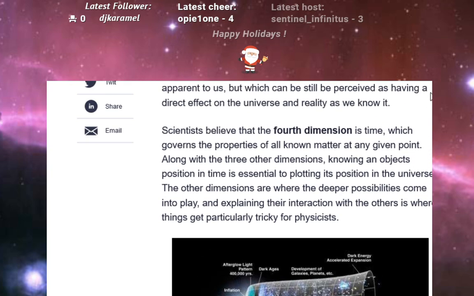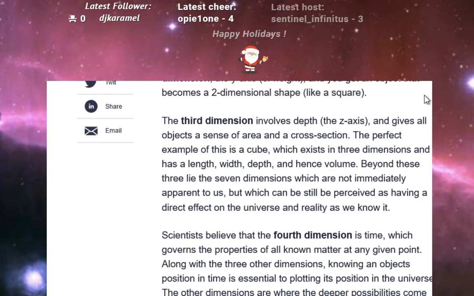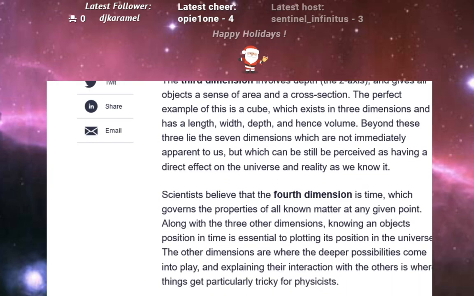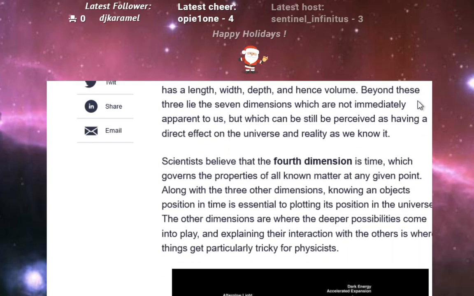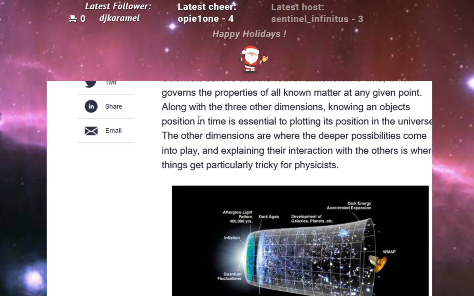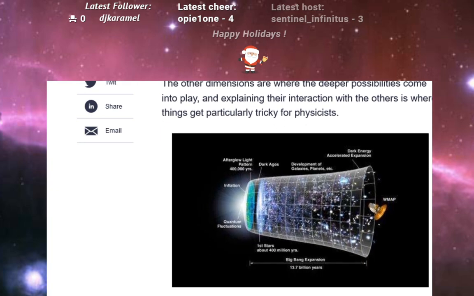Okay, so here we go. It says, the third dimension involves depth, the z-axis. Scientists believe the fourth dimension is time, which governs the property of all known matter at any given point, plotting its position in the universe, etc. The other dimensions are where the deeper possibilities come into play.